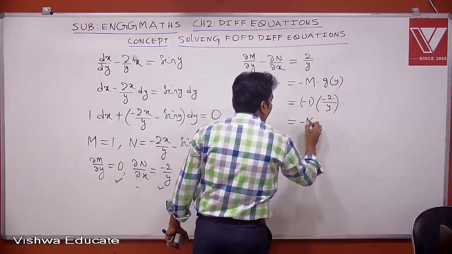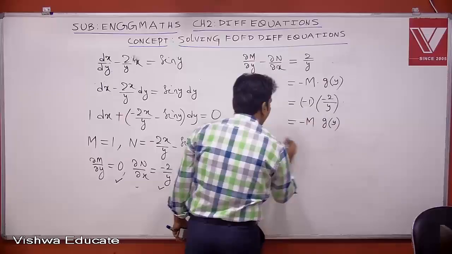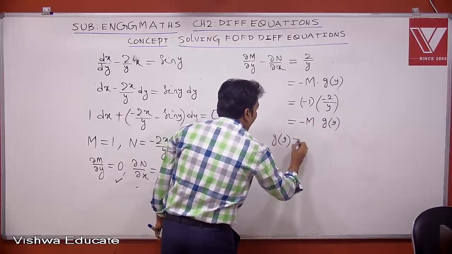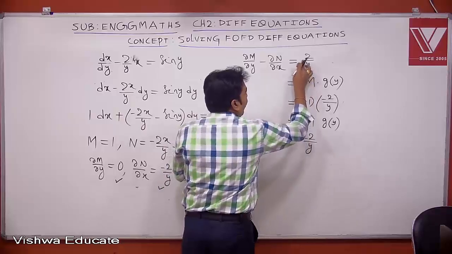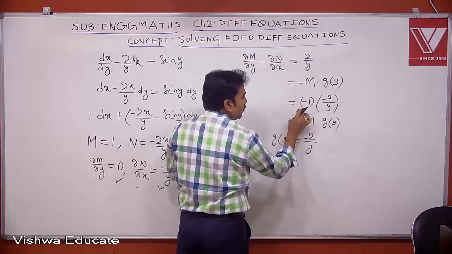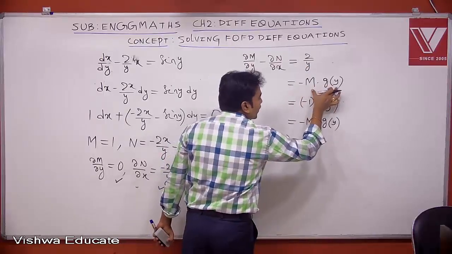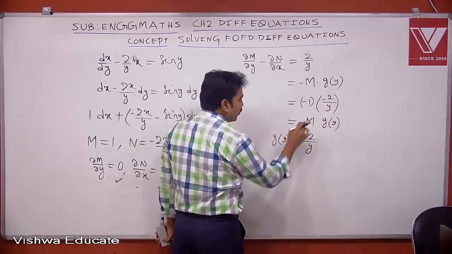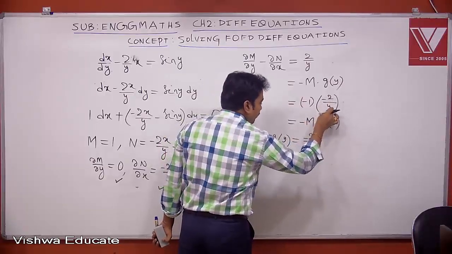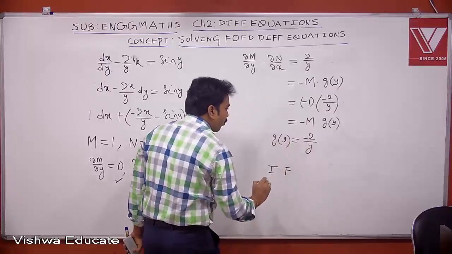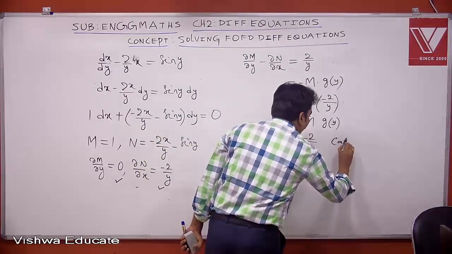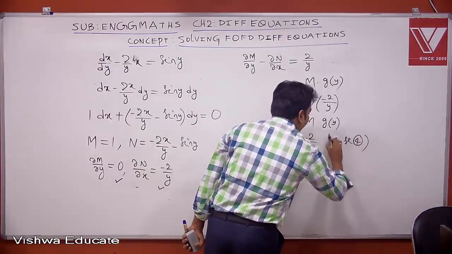Now it is minus M into g of y. So what is g of y? g of y is minus 2 divided by y. Since I don't have a minus sign, I introduce one minus symbol because it must be in the form minus M into g of y. So in this case, g of y is minus 2 by y. Therefore, it belongs to case 4 of the non-exact model.